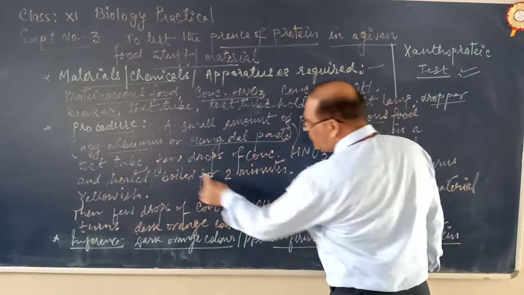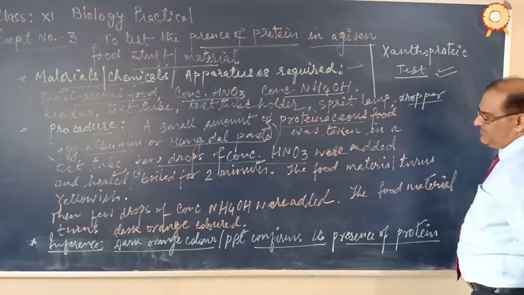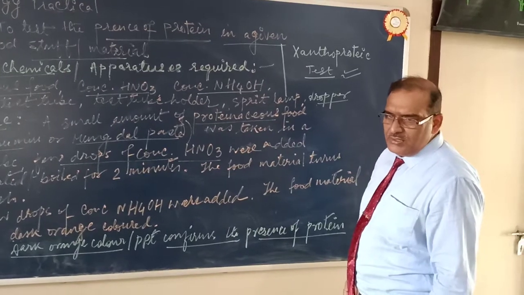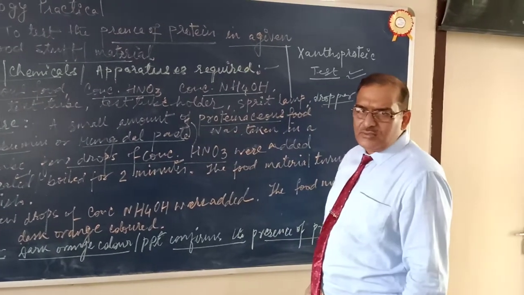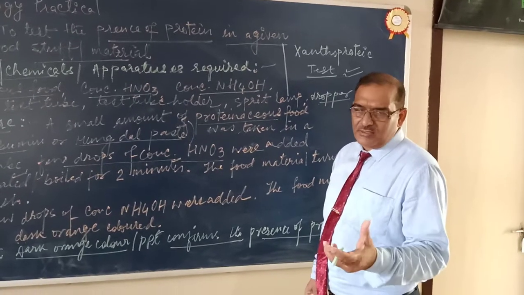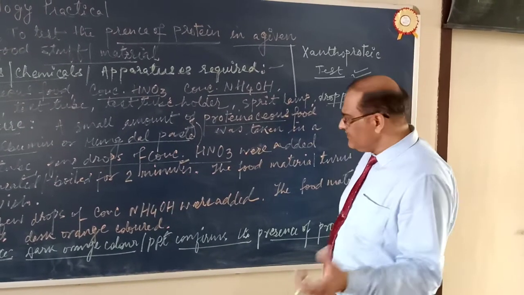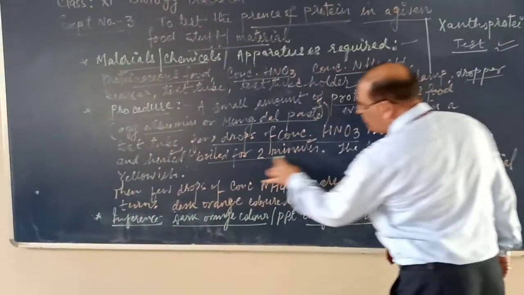Thereafter, we add a few drops of conc HNO3. On adding a few drops of conc HNO3, the albumin, which is in liquid state, starts solidifying and becomes whitish in color. Then it is heated for 2 minutes.